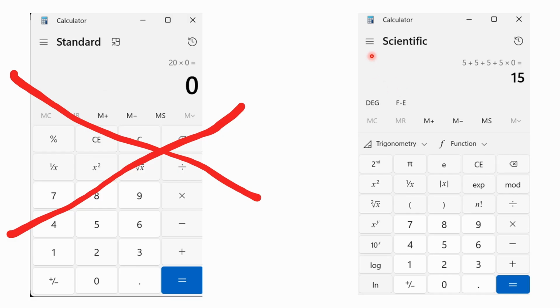Now, if you run this same calculator in scientific mode, you'll notice that when you enter the expression in, it maintains the entire expression, 5 plus 5 plus 5 plus 5 times 0, and you get the answer of 15 as soon as you press the equal sign. This is working in what's called expression mode. So you need to be aware that calculators work in two different types of input modes, typically.